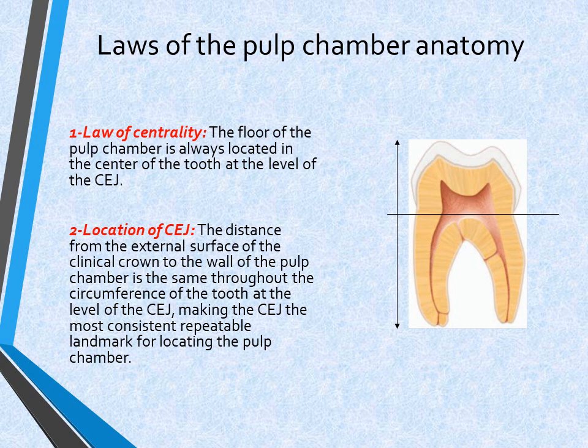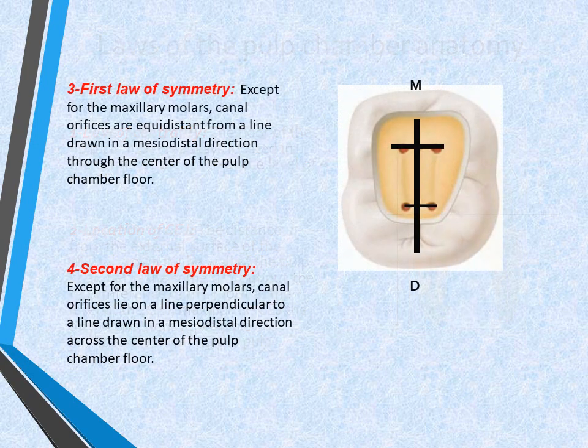Wherever you measure the distance from the external tooth structure to the wall of the pulp chamber, it is going to be roughly the same. But this, of course, is from the level of the CEJ. This is why the CEJ is considered the most consistent landmark for locating your pulp chamber.